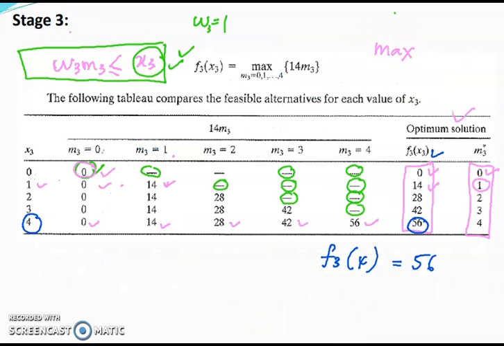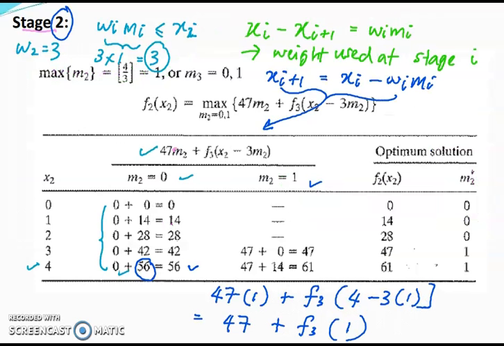From the previous iteration, f3 of 1 equals 14. So here it will be 47 plus 14, and the value is 61. So you can do this for all these feasible solutions.